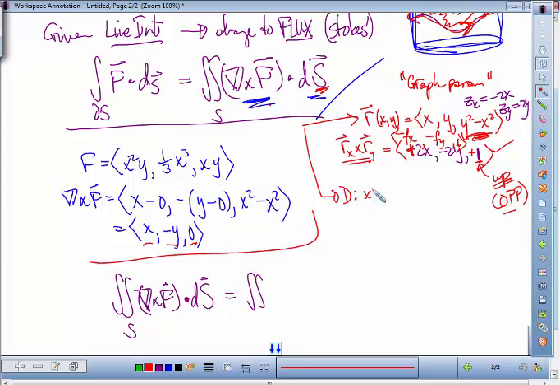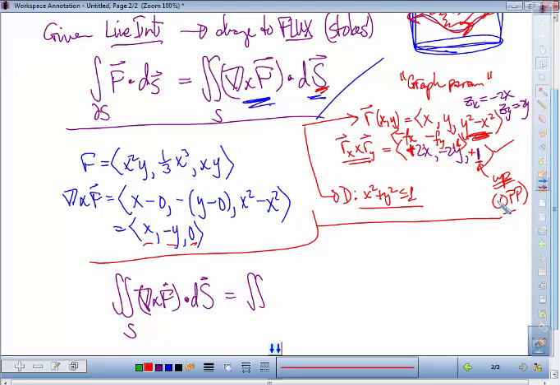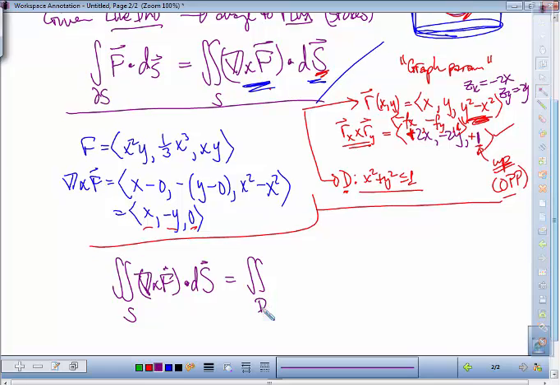So our domain is x squared plus y squared is less than or equal to 1, which is now going to make me change this into polar after we set up the double integral. So that's our domain, and the reason I wanted D in there is because I'm getting my double integral set up here, and so I'm going to use my D.